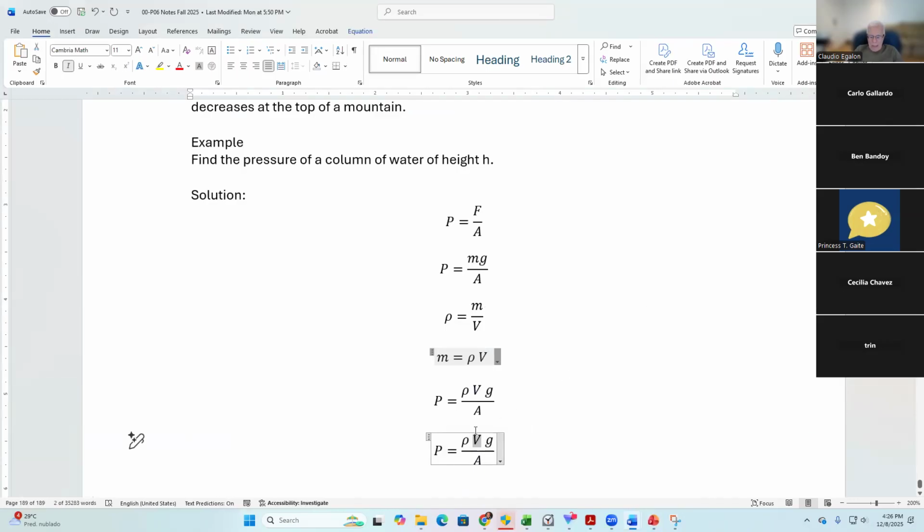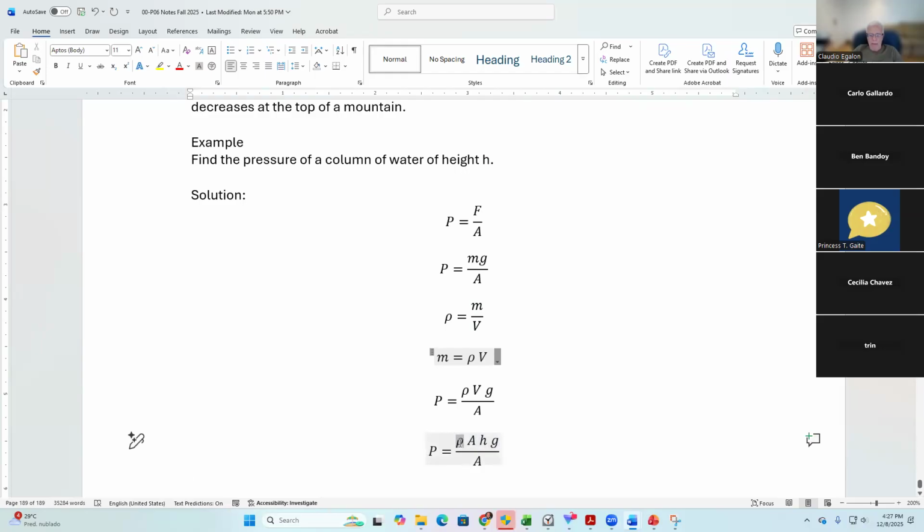Okay, so here you go. Area times the H. Now, do we see what happens to the area here? It cancels out.